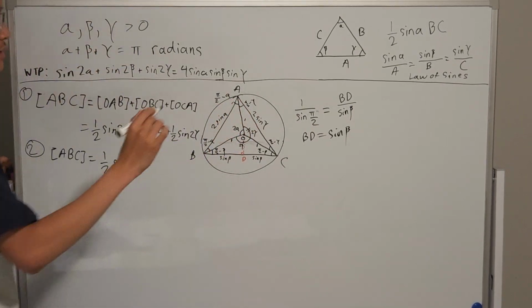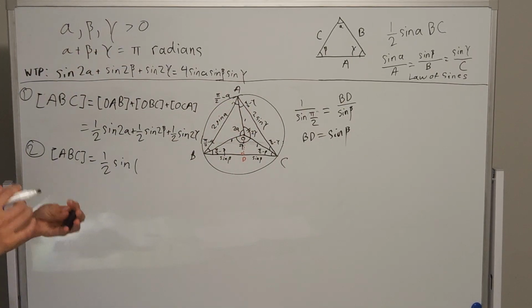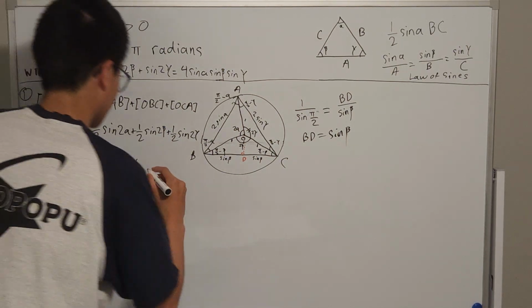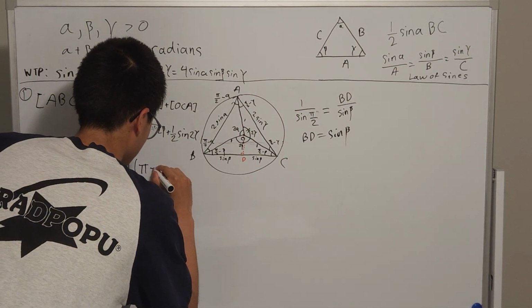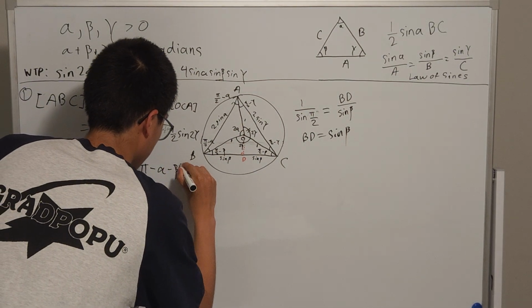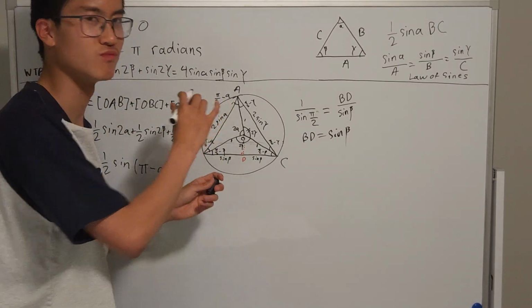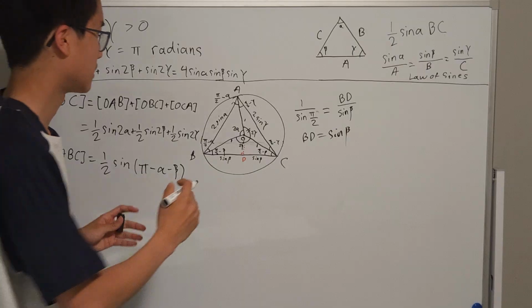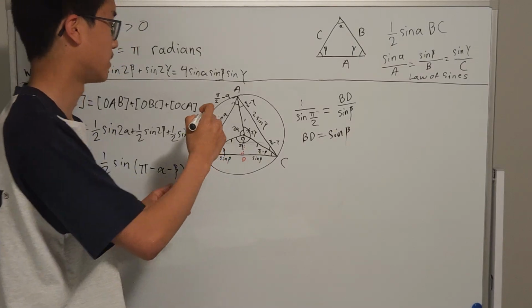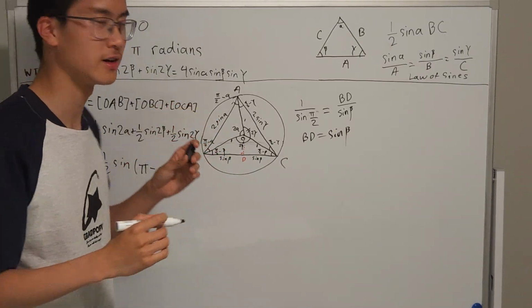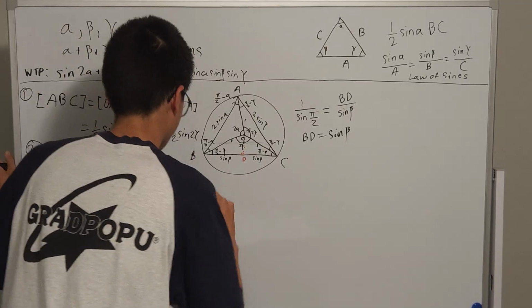If we add these two angles together, you get pi minus alpha minus gamma. Okay, and then this angle is in between two side lengths. These side lengths have length 2 sine alpha and 2 sine gamma.